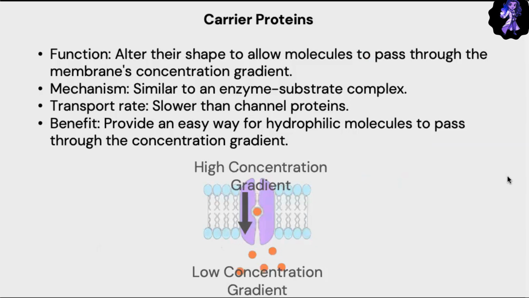Now, a carrier protein is also associated with facilitated diffusion, where you're utilizing a protein. However, the unique part is the shape. What happens is the protein itself will change its shape to provide an enclosure for the molecule to pass through, allowing movement from areas of higher concentration to areas of lower concentration.